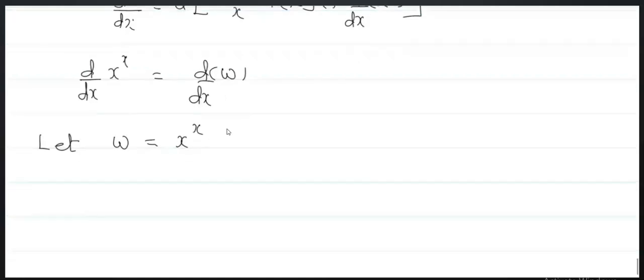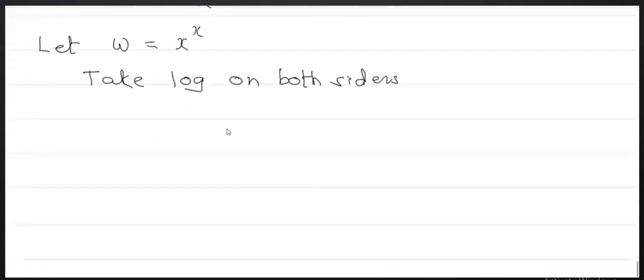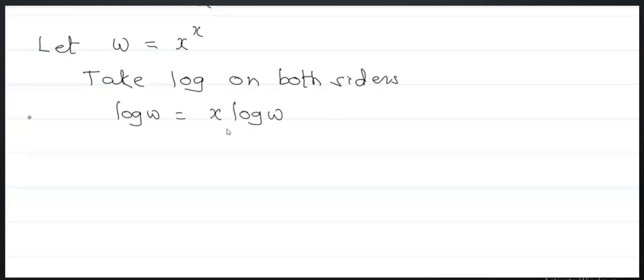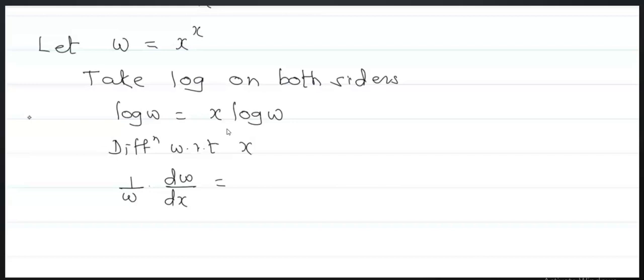Let w be equal to x raised to x. Take log on both sides, that is log of w is equal to x into log x. That is 1 upon w dw by dx.